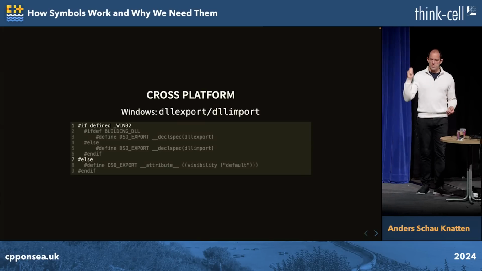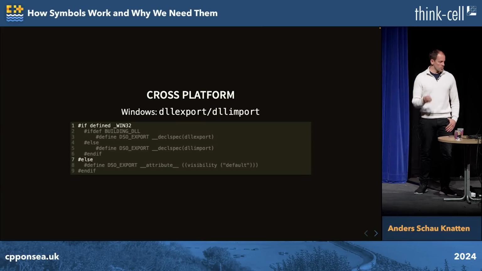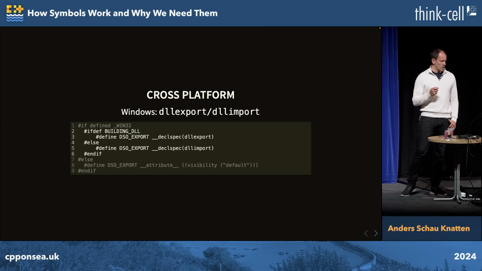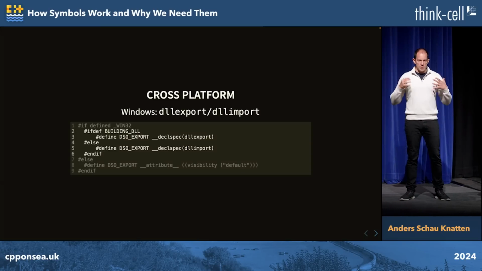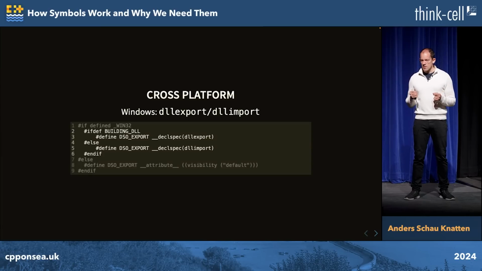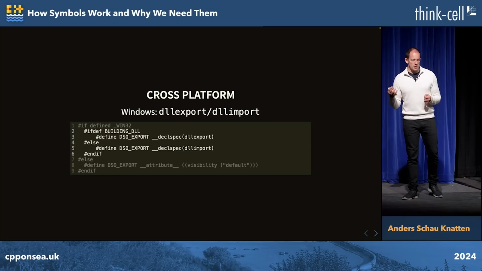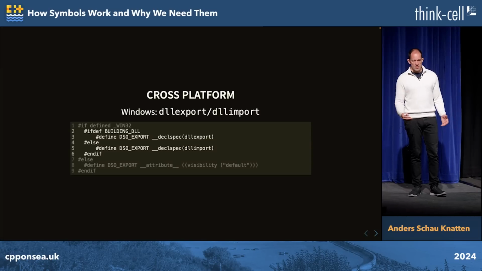So that has some complications on Windows. So here's what I think people tend to use. I think this is from an example from GCC documentation somewhere. So if I'm on Windows, I have this new define called building DLL. So when I'm building the DLL itself, I set this building DLL define. So that means DSO export now means declspec DLL export. And when the user links to my DLL, they don't set this.